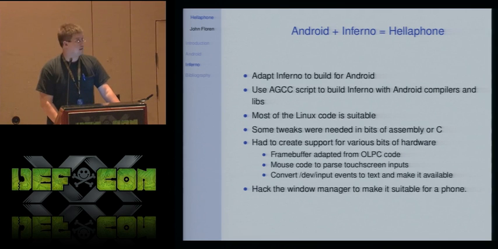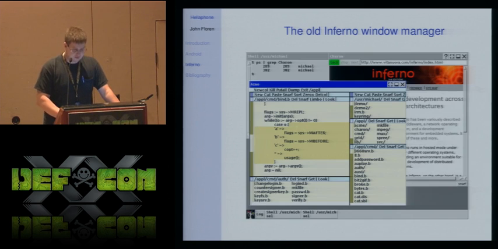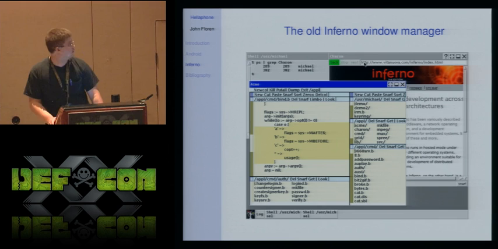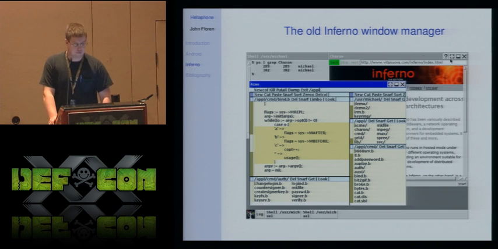And then with the graphics support and some of this hardware support done, we then had to hack the window manager to make it actually suitable for use with a phone. Because as I'll show on the next slide, the old Inferno window manager is just not really suitable for using on a phone. We played with it for a little bit, but let's see if I can get my mouse pointer up here. Can you see that? Yeah, okay. So we've got these little tiny buttons up here at the top of the window for managing the windows.